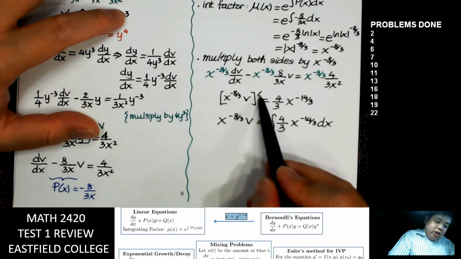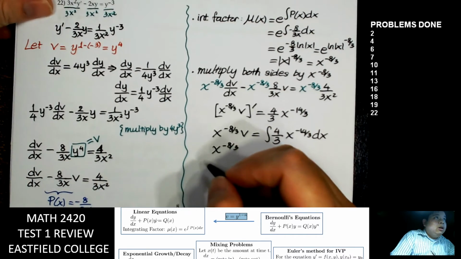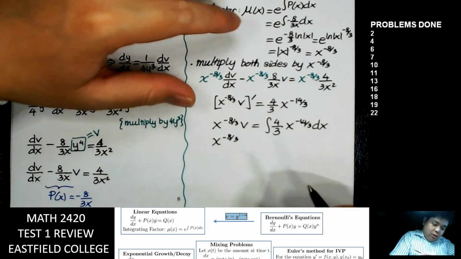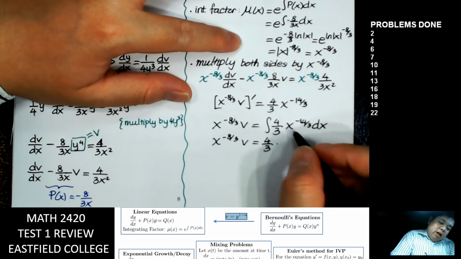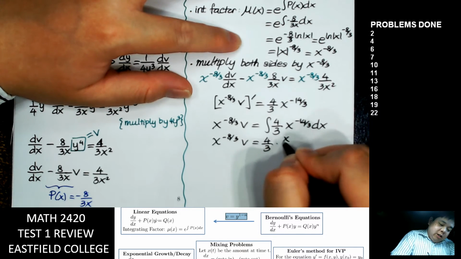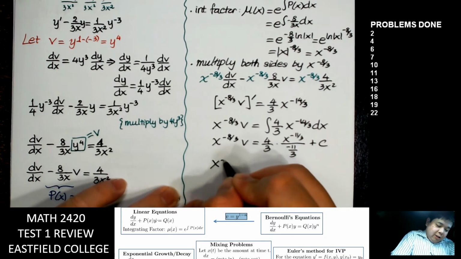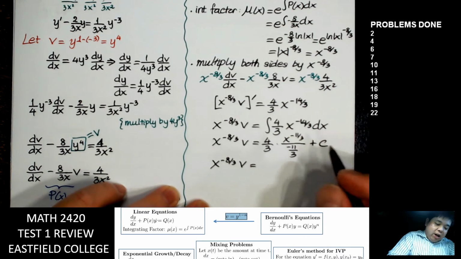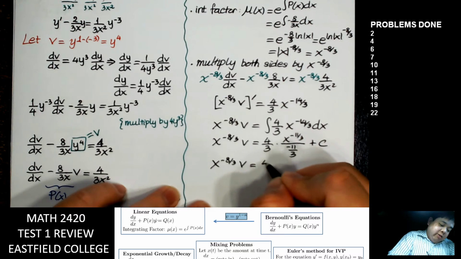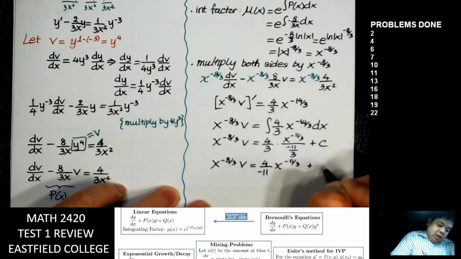Integrate both sides to get rid of that derivative. So x to the negative 8 over 3 v, the integral of that will be negative 11 over 3, x to the negative 11 over 3 plus c. Right. So we flip that, the 3 and 3 cancel out. We have 4 over negative 11 x to the negative 11 over 3 plus c.